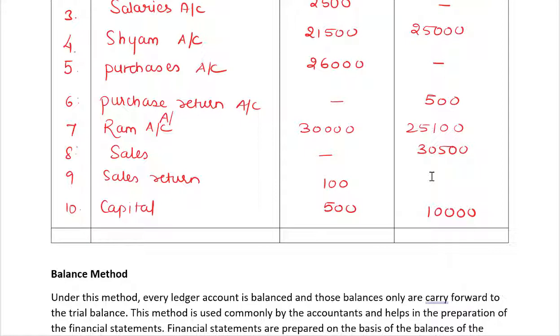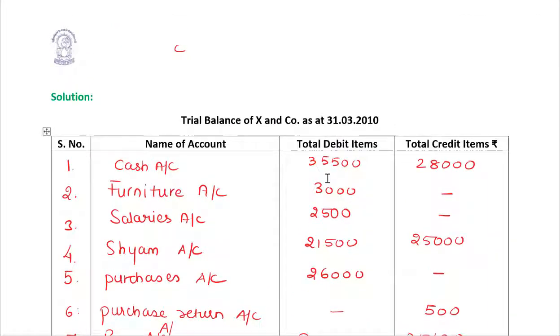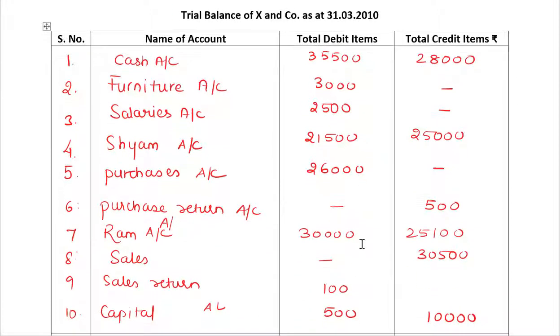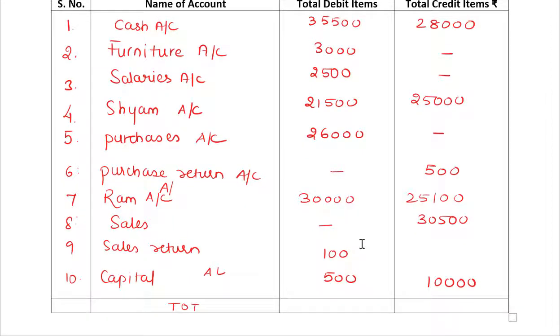Just make a total of it. 35,500 plus 3,000 plus 2,500 plus 21,500 plus 26,000 plus 30,000 plus 100 plus 500 equals.